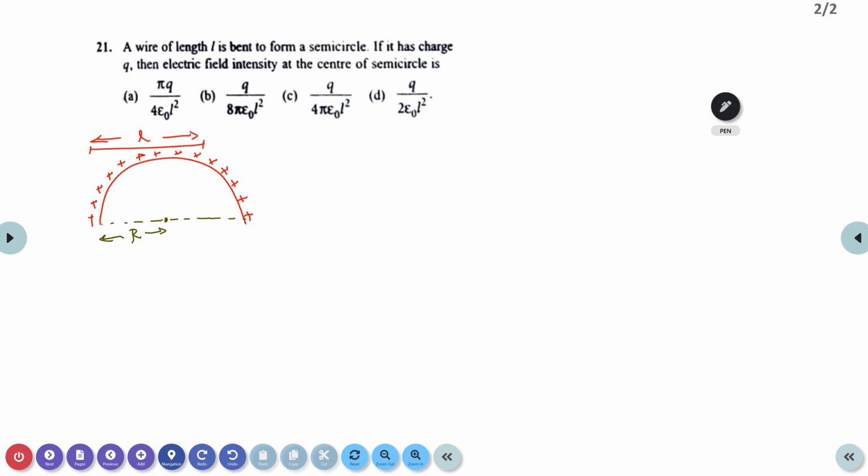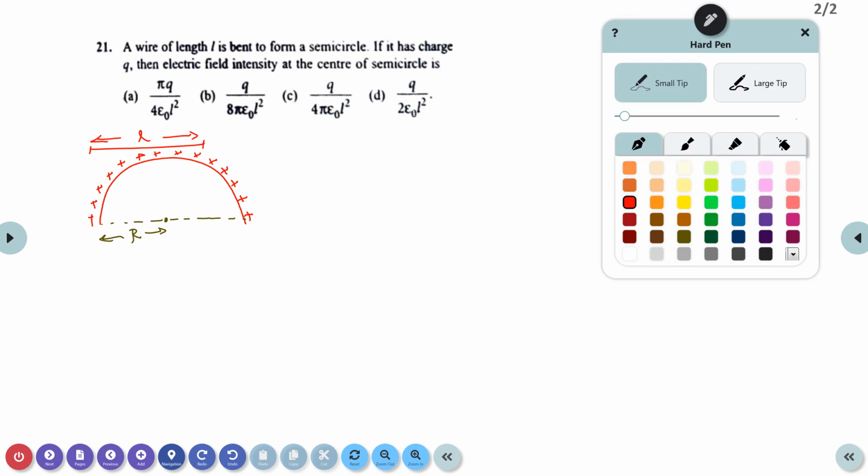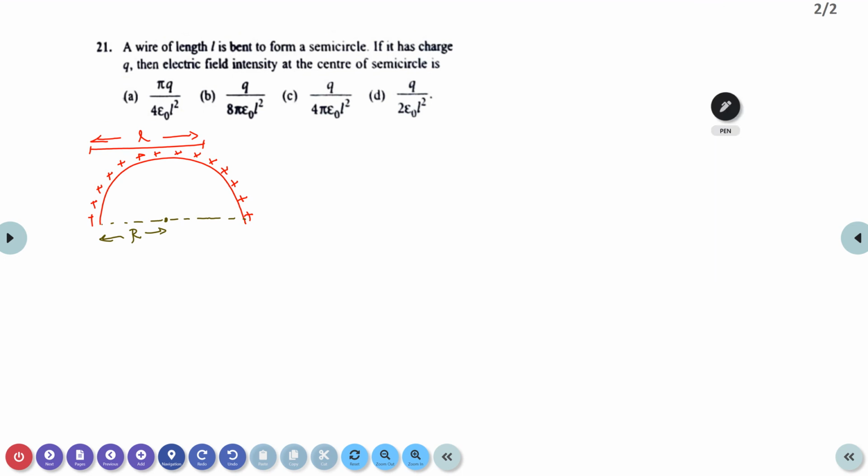He is asking at this point. What I am doing is considering a small element here, dl. Join it. This angle is d theta and this angle is theta. This is the point I want to calculate.